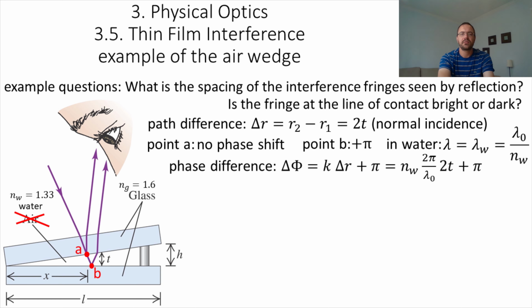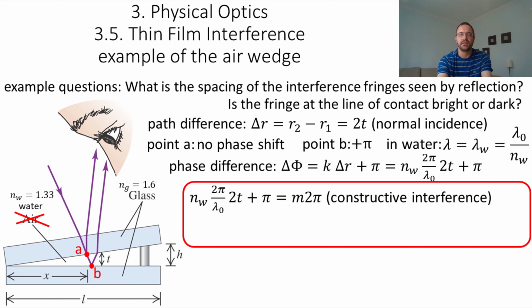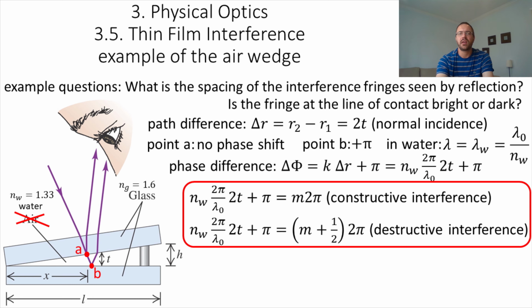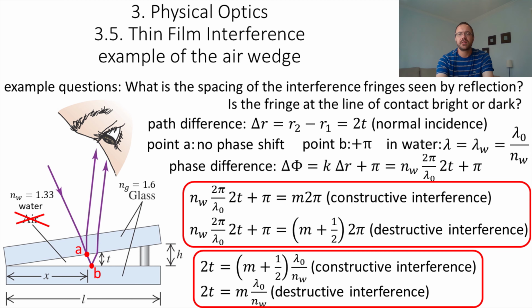And then we can write the conditions for interference. When the phase difference is m 2 pi, we have constructive interference. And when the phase difference is (m plus 1/2) 2 pi, then we have destructive interference. And we can rewrite this in terms of thickness. We obtain the same relations as before, except that lambda is replaced by lambda 0 over n water.